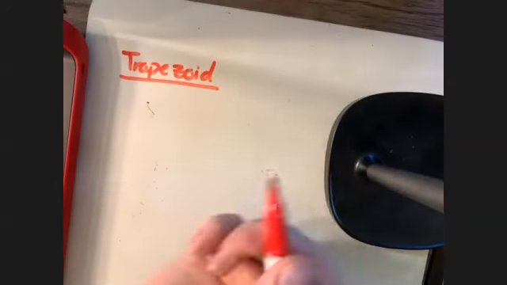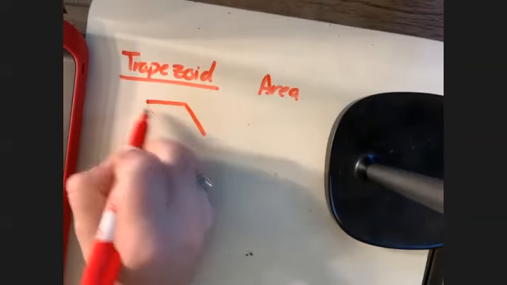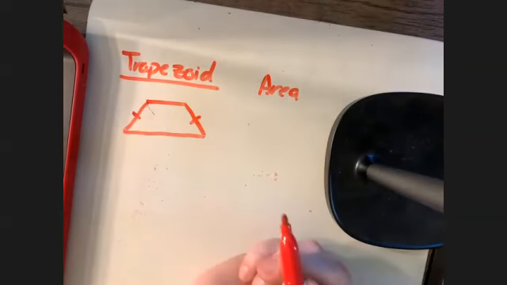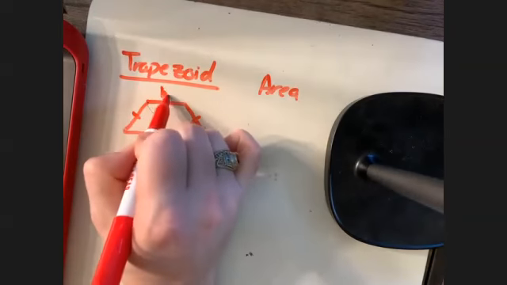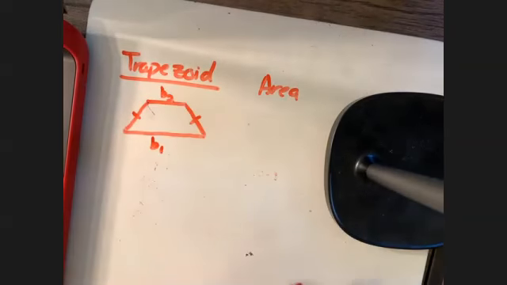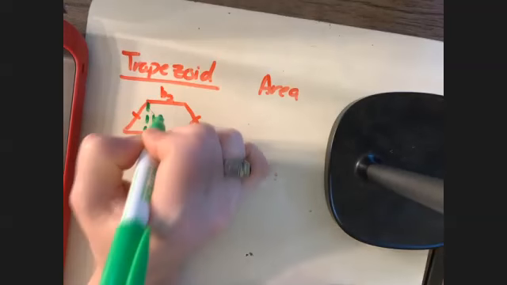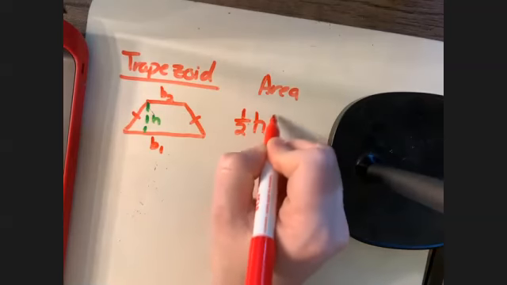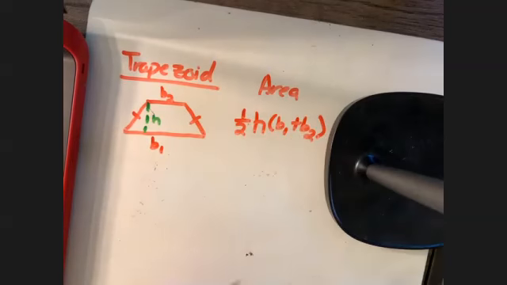Okay, and with our trapezoid, most of y'all traditionally did these, okay, where these outside two sides were the same. That's fine. We did have a base 1 and a base 2 on this one. And again, you're going to need that height right there, okay? Because our area formula for this is 1/2 height times base 1 plus base 2, okay?